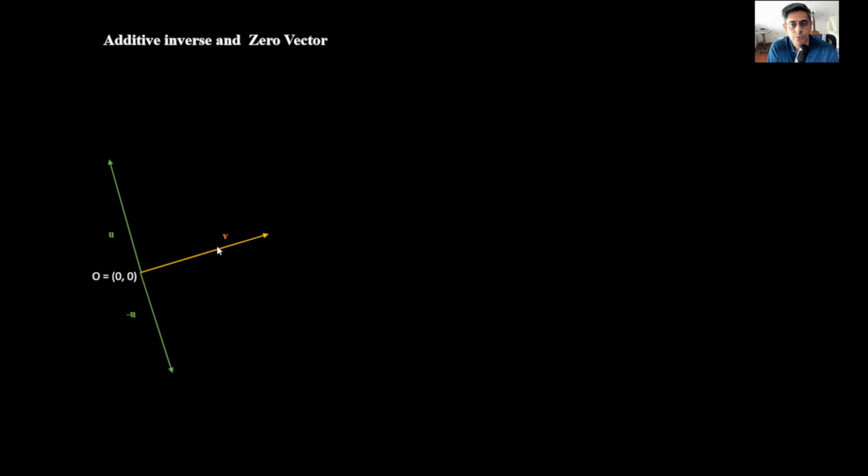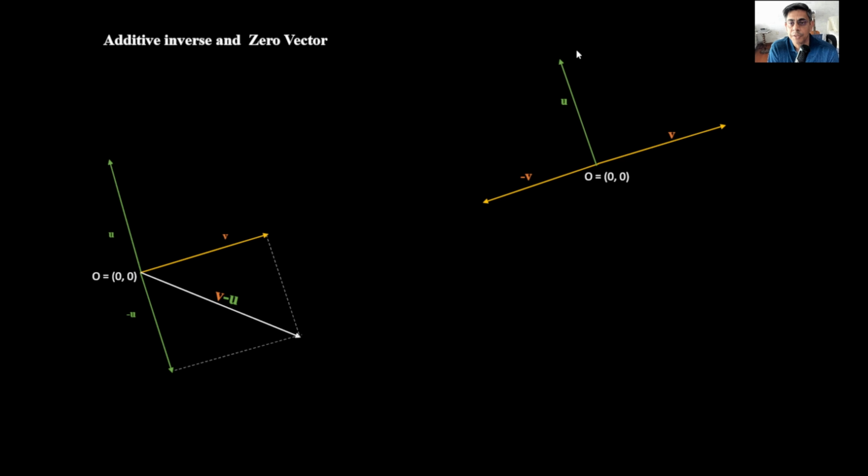If we are interested in finding out v minus u, then it is essentially v plus minus u, right? This is how we can do it. Similarly, if v has an additive inverse, then with u I can add the additive inverse of v, giving you u minus v. So this is u minus v. This is a vector difference.